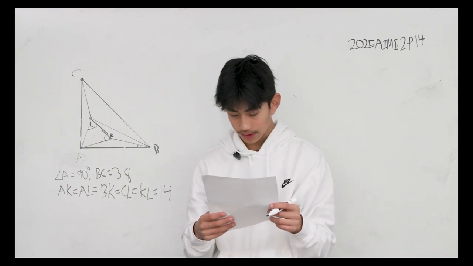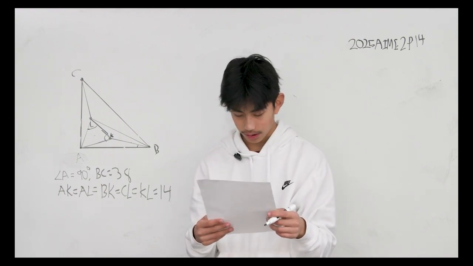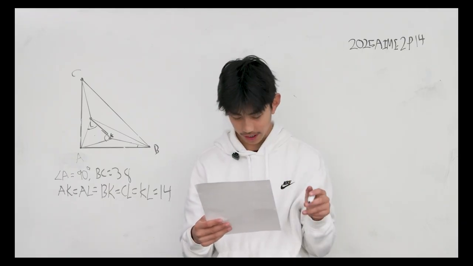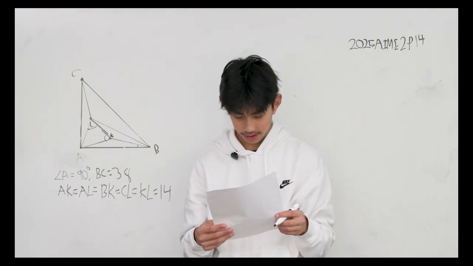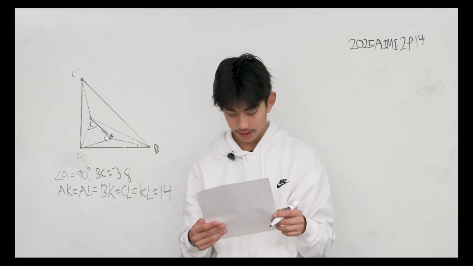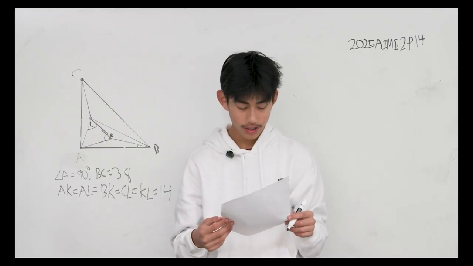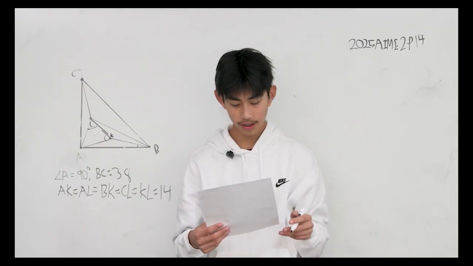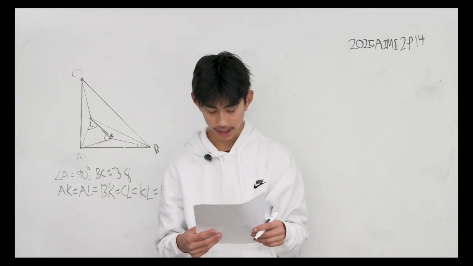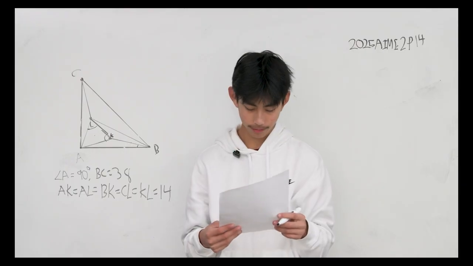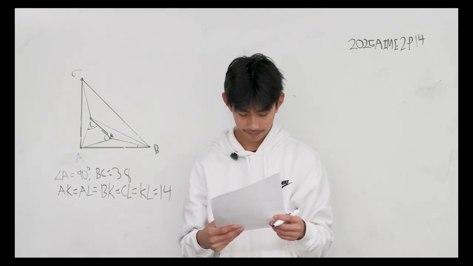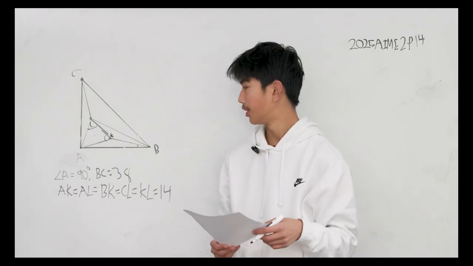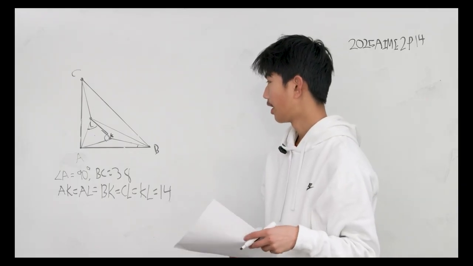There exist points K and L inside the triangle such that AK equals AL equals BK equals CL equals KL equals 14. The area of the quadrilateral BKLC can be expressed as n root 3 for some positive integer n. Find n. The first thing we can do is draw out the triangle ACB.